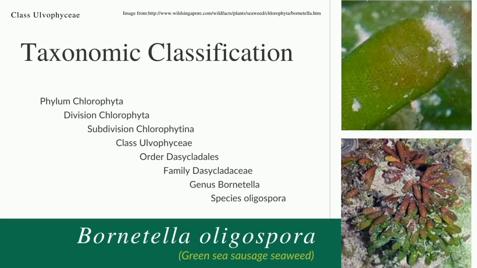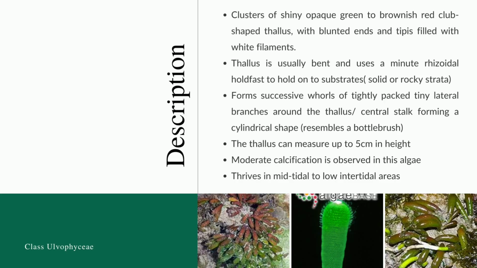Bornetia oligospora, also known as green sea sausage seaweed, which is obviously sausage-like in appearance, is a representative of family Dasycladaceae composed of cenocytic algae with filamentous whorls. In the field, it appears as clusters of club-shaped thallus that ranges from green to red in color, with a distinct white tip.